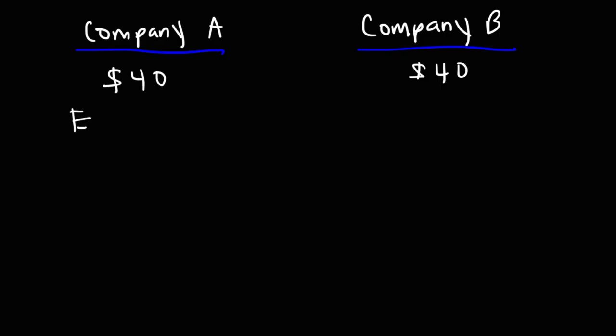Now we're going to say that the EPS for company A is $10 per share, and the earnings per share for company B, let's say it's $5 per share. So which company has the higher PE ratio? Would you say it's company A or company B?